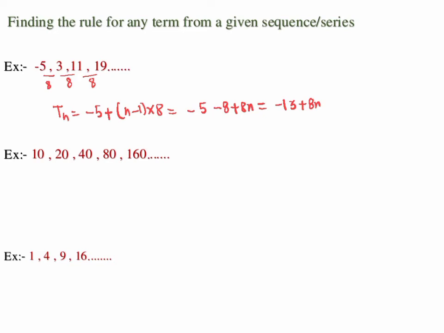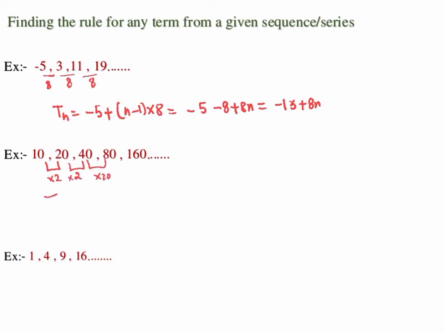Now let us see this question. If you see here, the difference is not constant. So what we will do, we will see whether there is a multiplication, that is, each and every consecutive number is multiplied by 2.